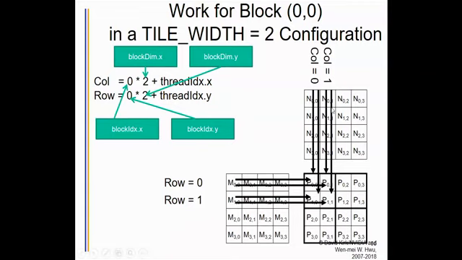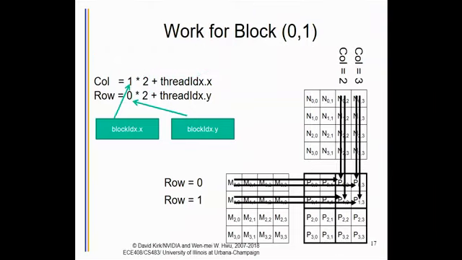That's why each of them is going to be covering one of these 4 P elements. There's nothing new here. I'm just giving you the concrete enumeration of what should happen for every thread, okay? This is how conceptually you visualize the activities of every thread and every thread block.